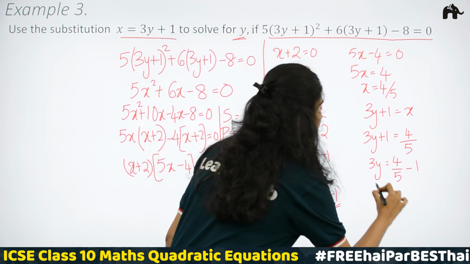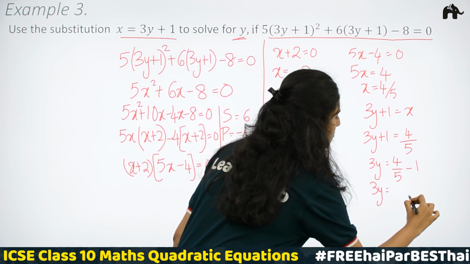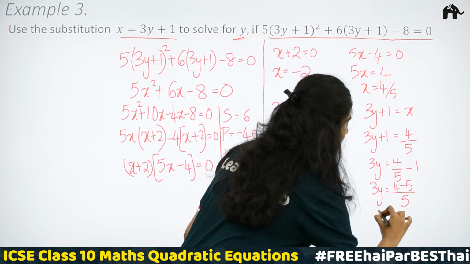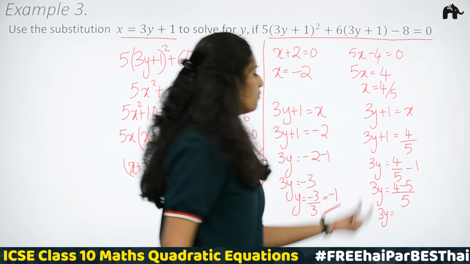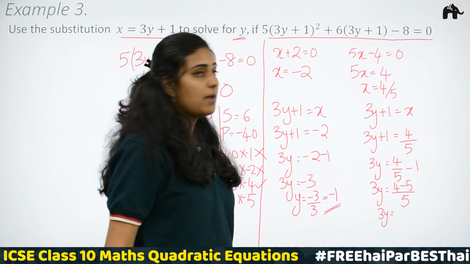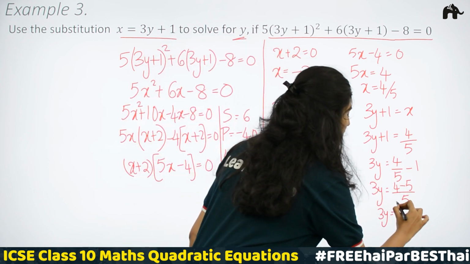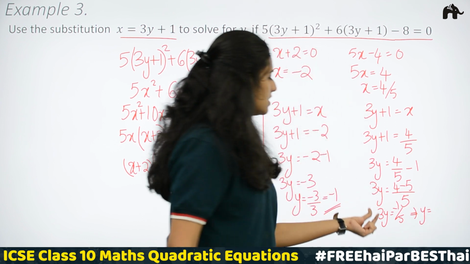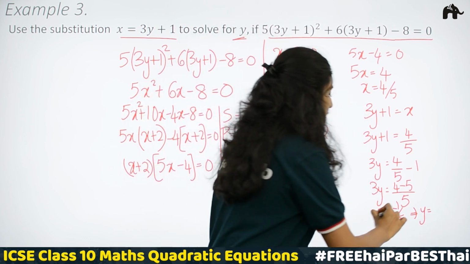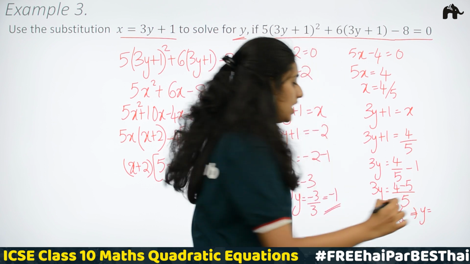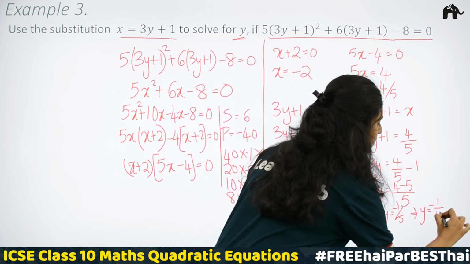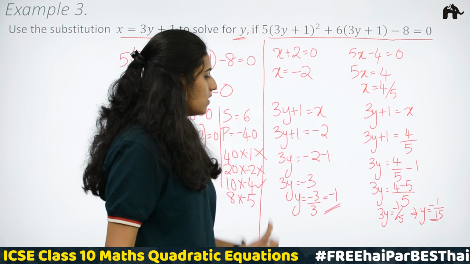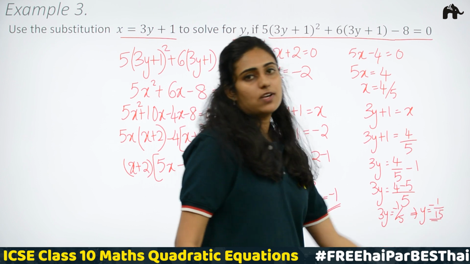Okay, that is 3y is equal to, LCM 5, numerator 4 minus 5. 3y is equal to 4 minus 5, which is minus 1 by 5. Minus 1 by 5, which means y is equal to, taking this 3 to the denominator, it becomes 15. 3 into 5, 15, minus 1 by 15. Okay. Therefore, y is either equal to minus 1 or y is equal to minus 1 by 15.